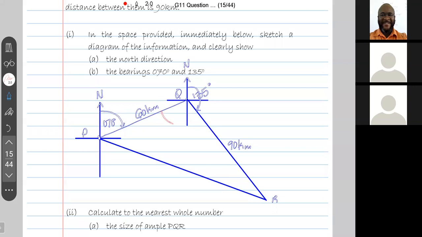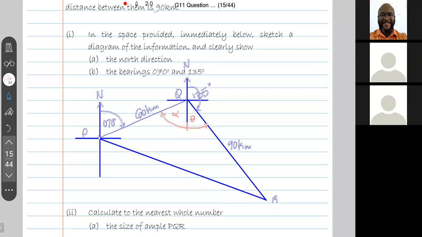Now, this is angle PQR. Whenever 3 letters are used to reference an angle, the angle is always at the letter in the middle. That is the angle PQR. The easiest way to find this is to divide it into 2 pieces. So I'm going to divide it into two pieces, call this piece alpha and call this piece theta.